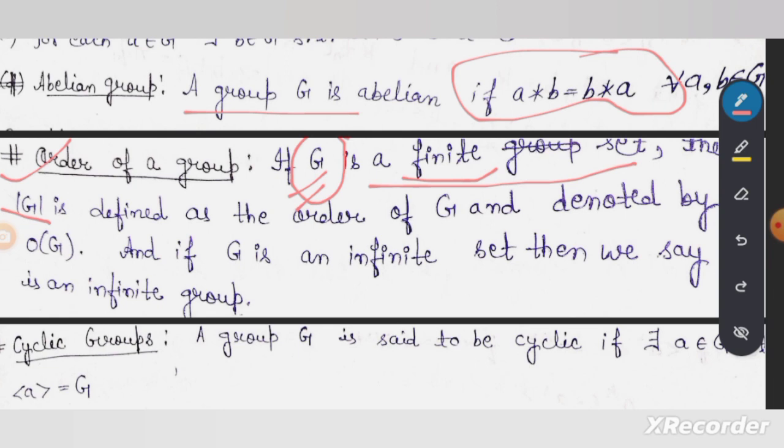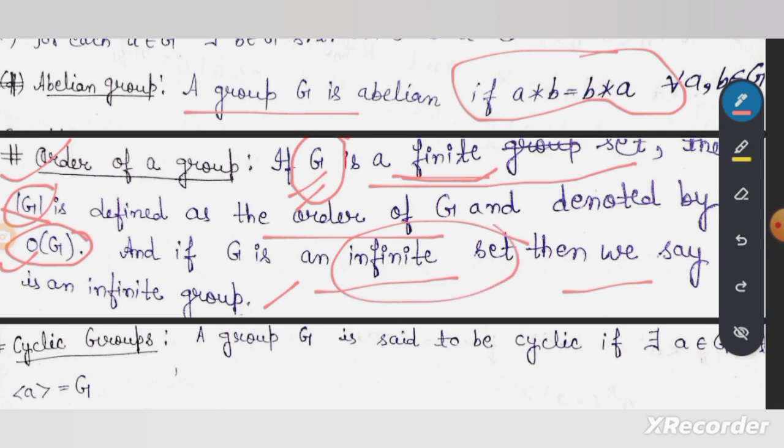So cardinality of G is the order of G if G is a finite set, and denoted by O of G. We say this order of G. And if G is an infinite set, then we say G is an infinite group. So then we don't have any finite number which is the order of G for an infinite set.